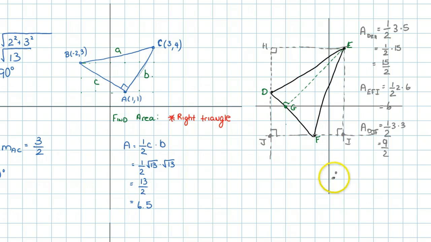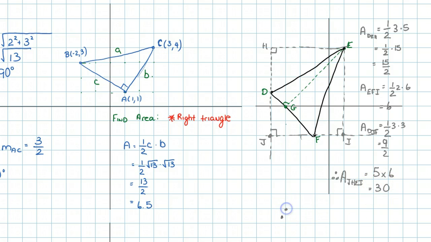So now what we're going to do is find the area of the entire rectangle. That's 6 by 5. Area of JHEI is equal to 5 times 6, so that's 30.